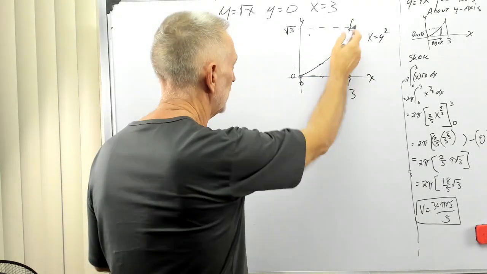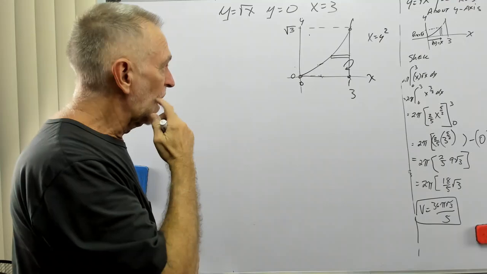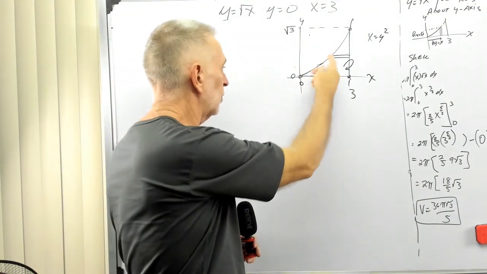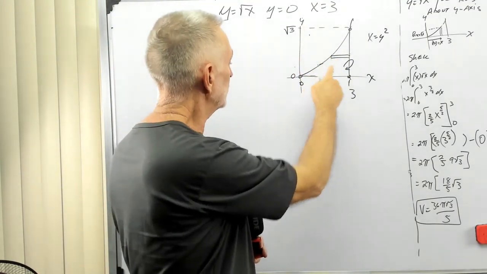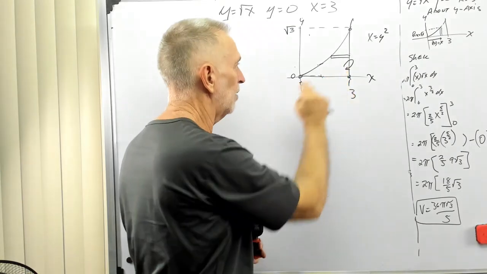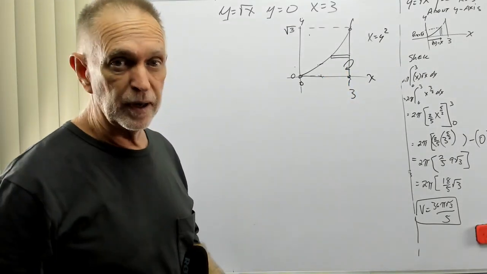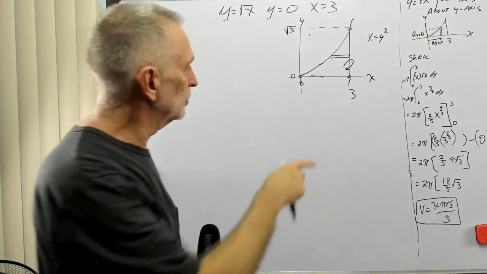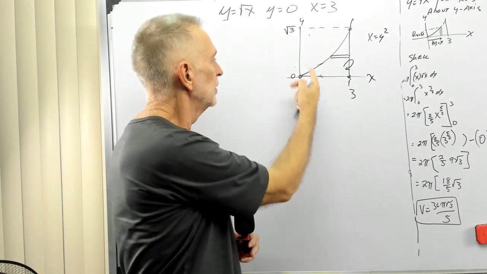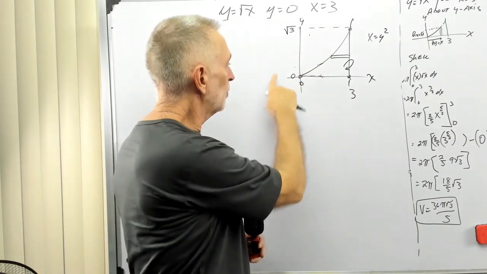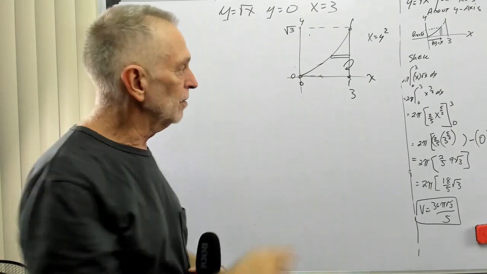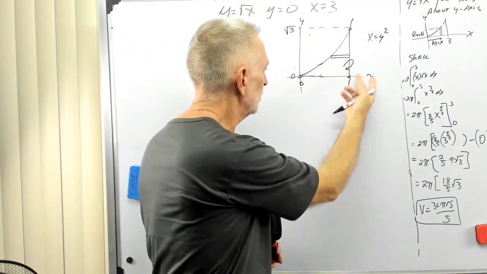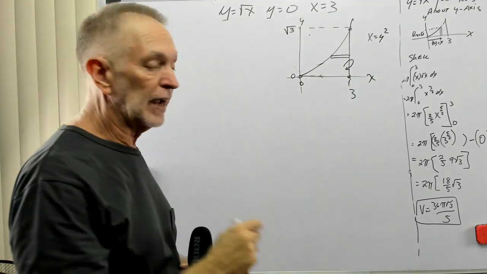The intersection of those three is the area that we're going to revolve, and this time we're going to revolve it around x equals 3. In the previous two lessons we've revolved it around x and around y, and now let's revolve around the line x equals 3.